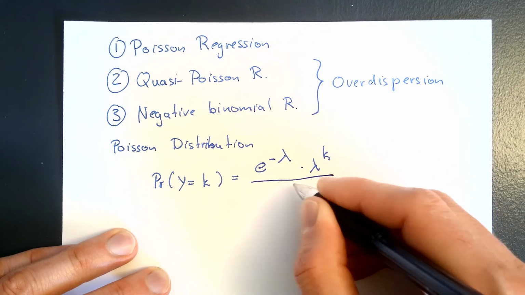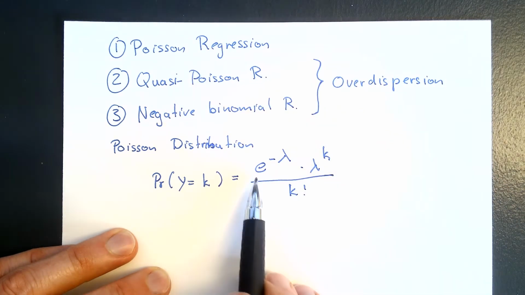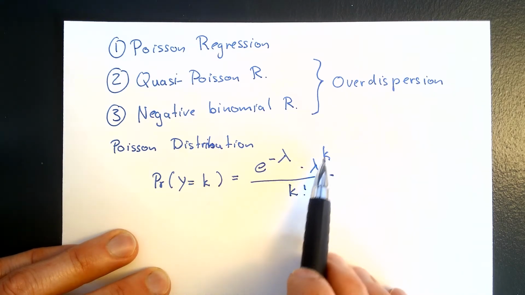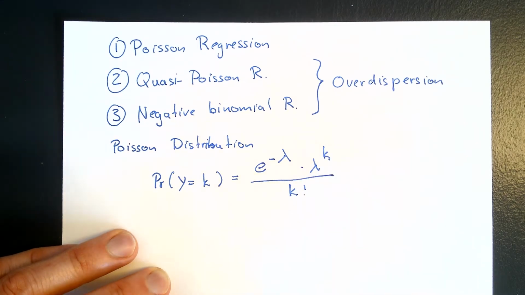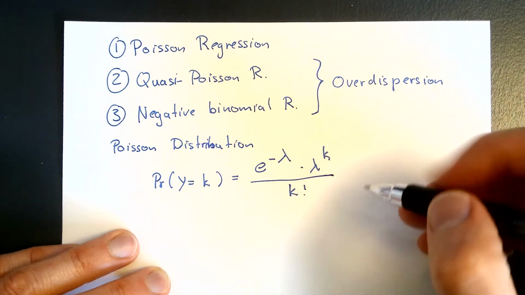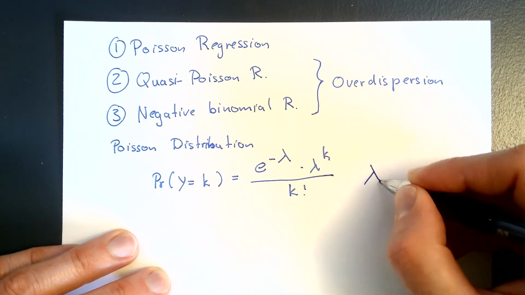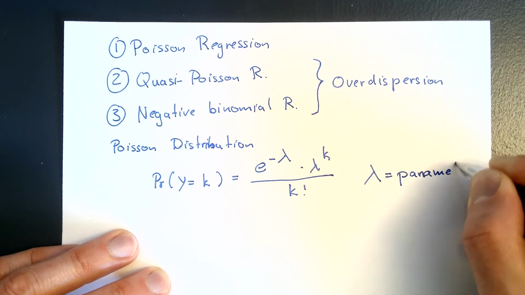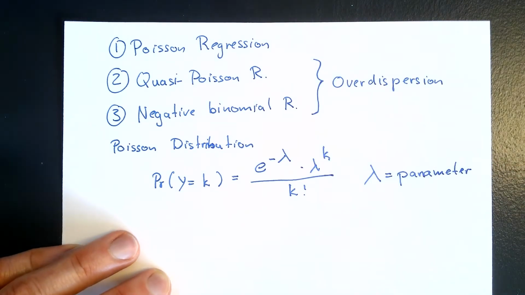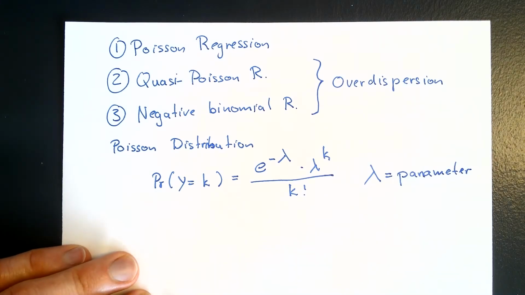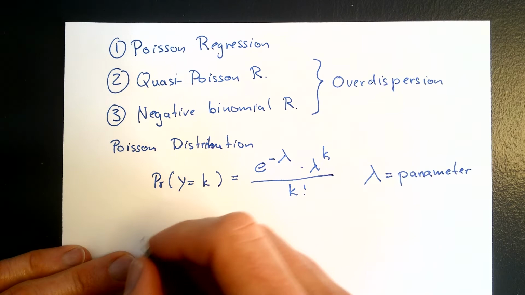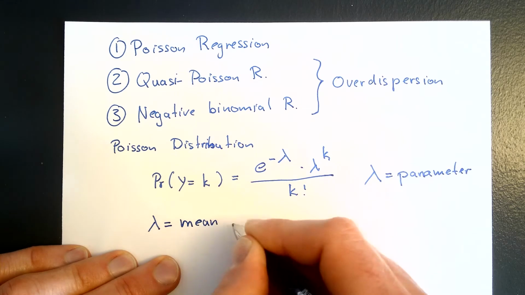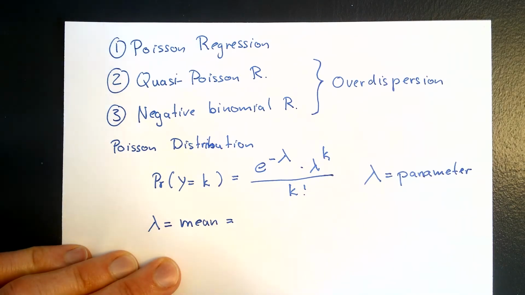And so the Poisson distribution is written as Euler's number to the power of negative lambda times lambda to the power of k divided by k factorial. And note that the distribution depends on one parameter, and that parameter is lambda. Now, the important aspect of the Poisson distribution is that lambda is equal to the mean of the data, and it is also equal to the variance.